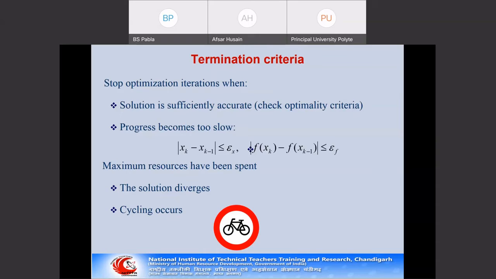The difference between consecutive values is very small. We call it epsilon. If the difference between the previous reading and the current reading becomes very small, I can give a value, let's say 0.001. Then the process should break.